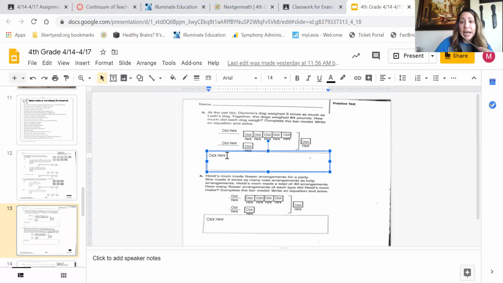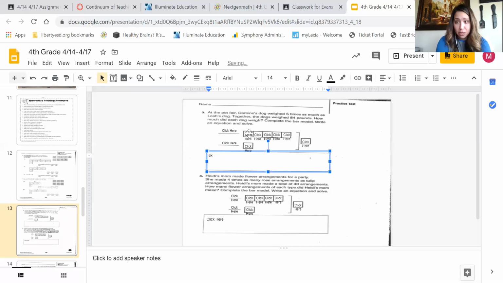All right, so now you need to write an equation and solve it. So I'm going to give you guys the example. This is where you need to count the total boxes. So I have all of Darlene's boxes, which is 5, and I have Leia's box, which is an additional 1. So I have 6 total boxes. Okay, so I'm going to go 6 times n.